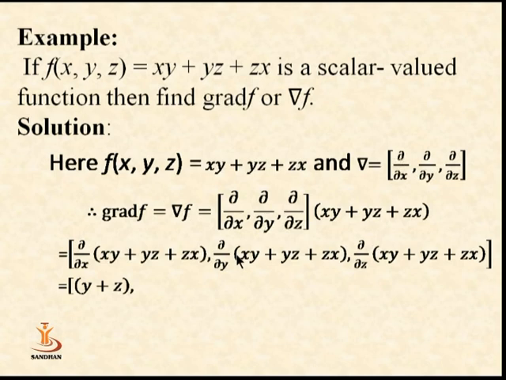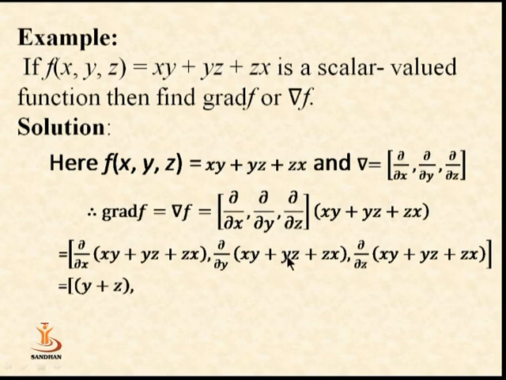Again we differentiate del upon del y, that is we differentiate this function f with respect to y, that time we consider x and z as constants. We know that the differentiation of a constant function is equal to 0, and the differentiation of y is equal to 1. Thus from the first term we get 1 into x, which is equal to x.